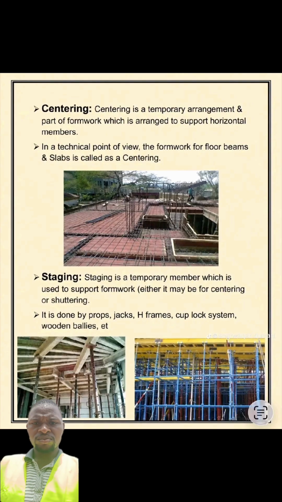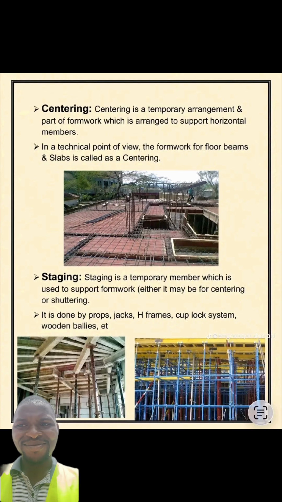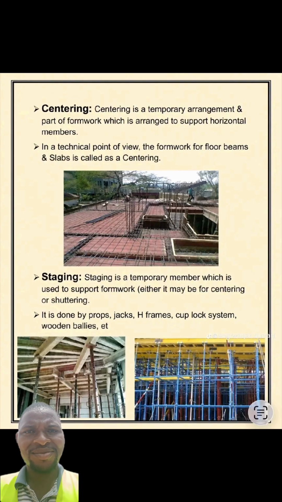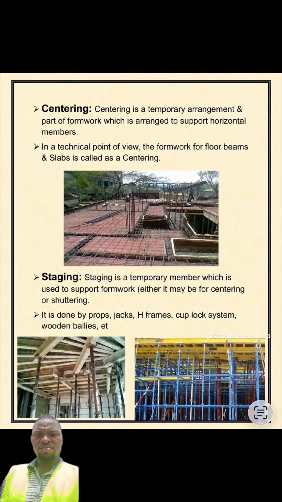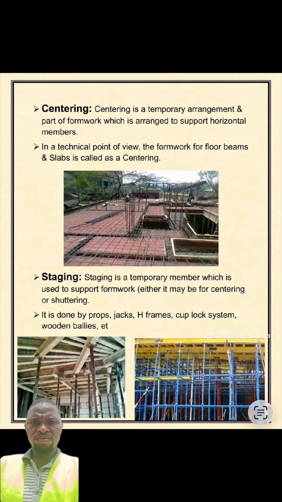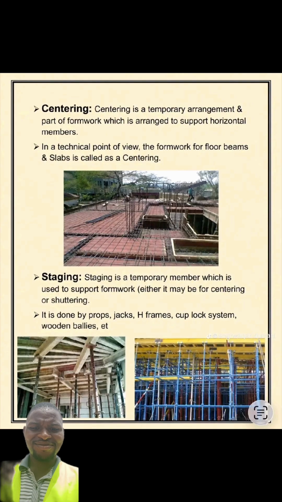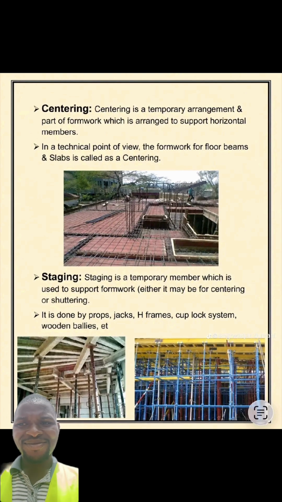Then the next formwork type is staging. The first one is shuttering, then we have centering. So the next one is staging. Staging is a temporary member which is used to support formwork. So it may be for centering or shuttering, but it helps to temporarily support a member.